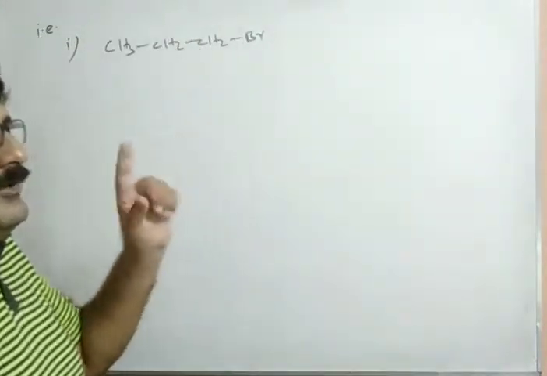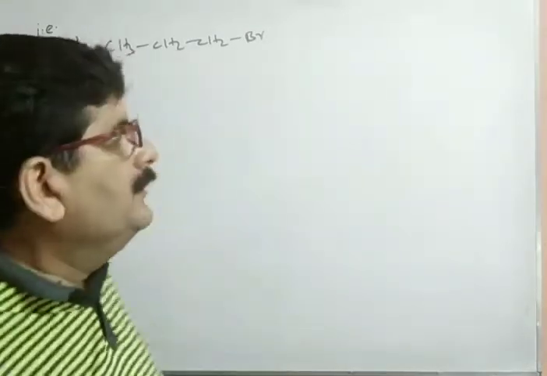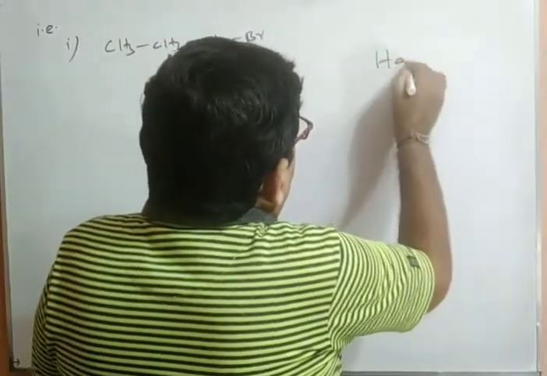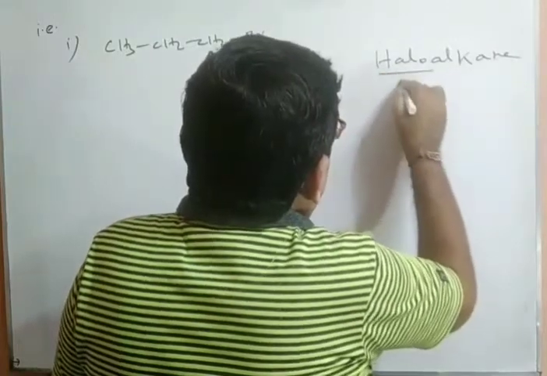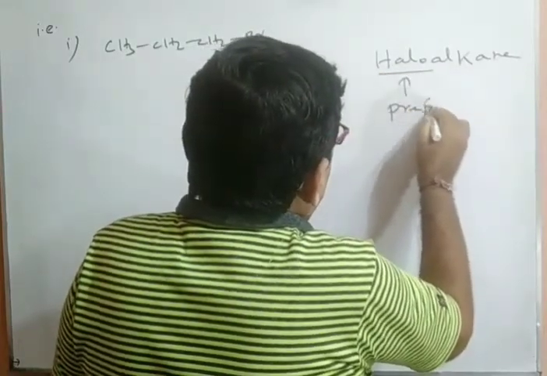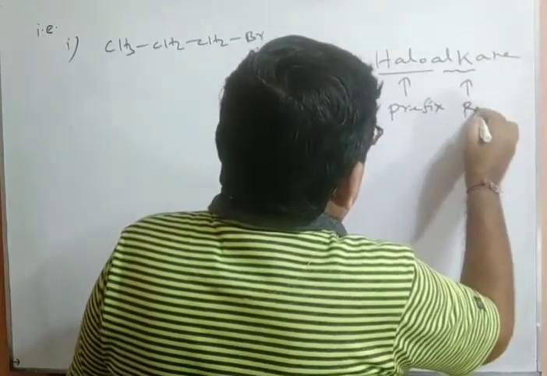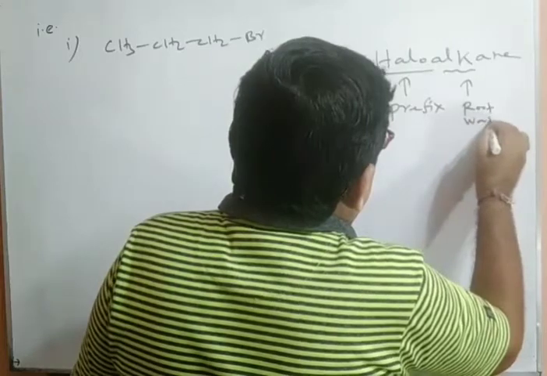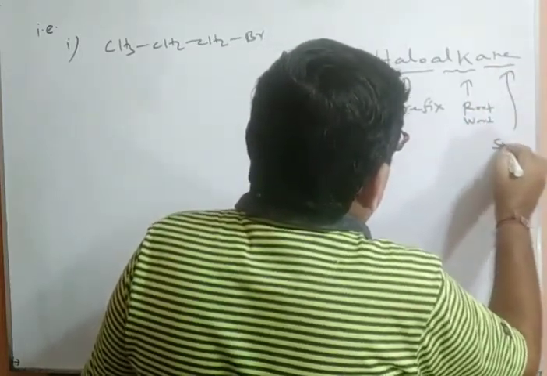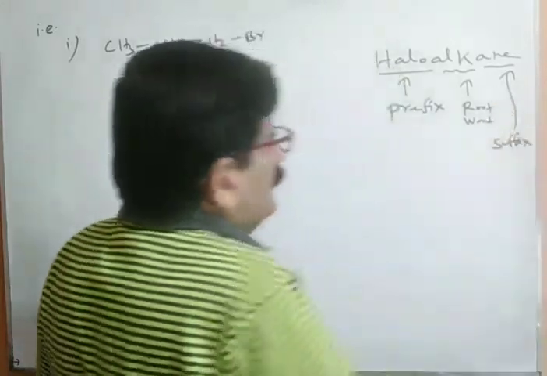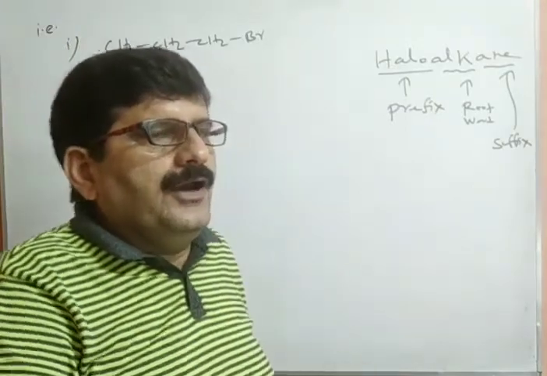One thing always remember while writing the IUPAC name of haloalkanes: halo is said to be the prefix, alk is the root word, and ane is said to be the suffix. So this is the generic pattern for the IUPAC name of haloalkanes.